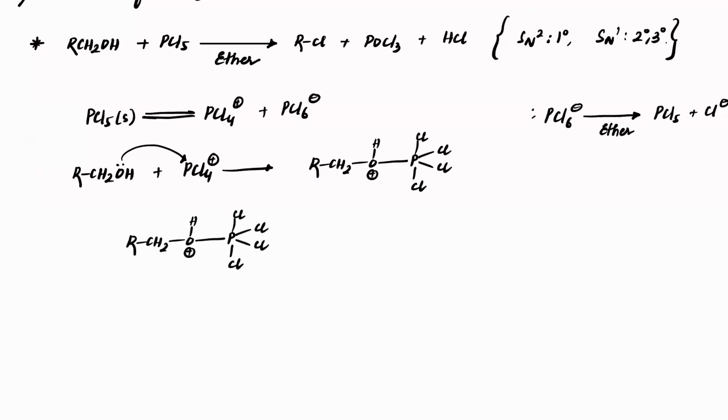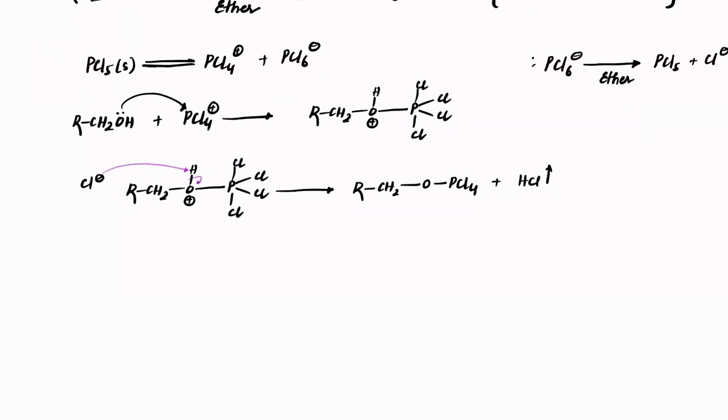So therefore, this Cl minus which is available, it will take H plus here and convert this into RCH2O PCl4 plus HCl. So this HCl will come out as vapors. Now this is the next intermediate which is forming.